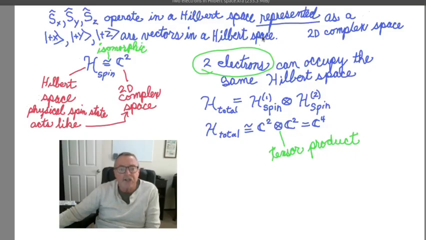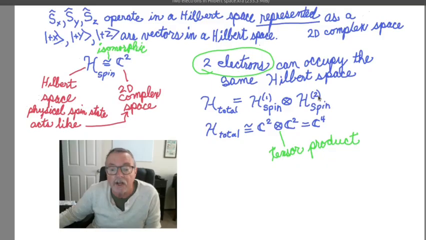Now, this is the exciting part. This is where you get passionate. Two electrons. We're going to examine what happens with two electrons. They can occupy the same Hilbert space. Here's the total space. And it combines with the spin of one electron and the spin of the second electron.